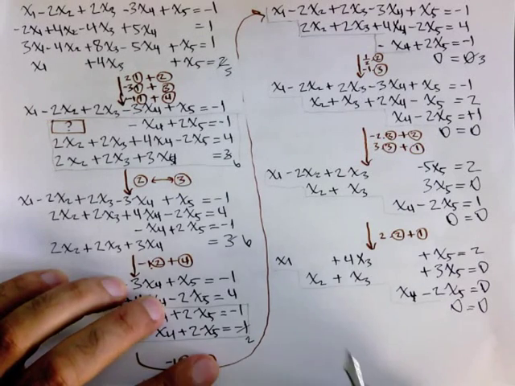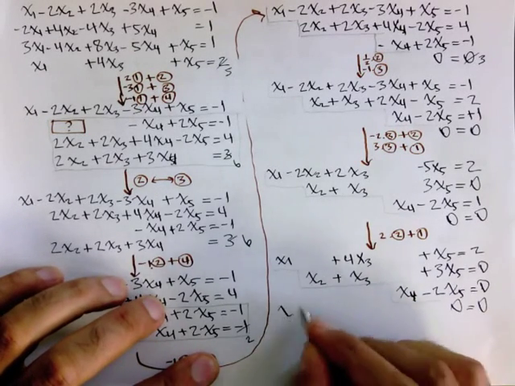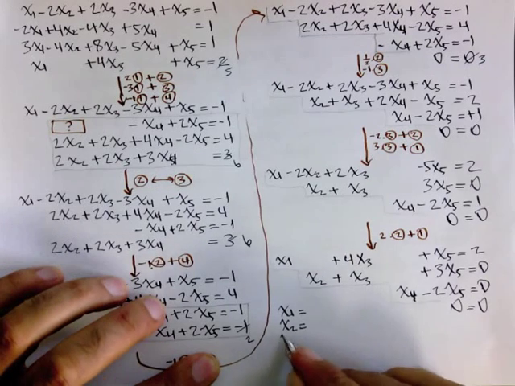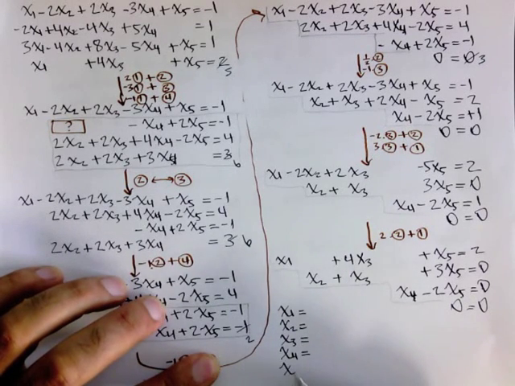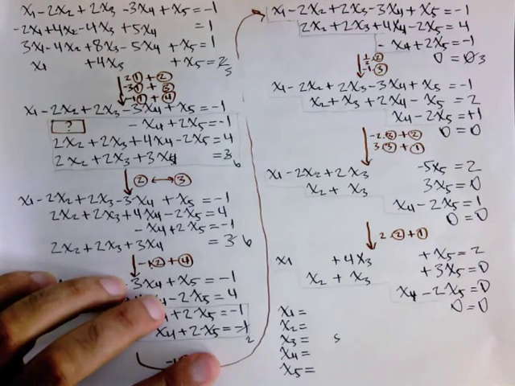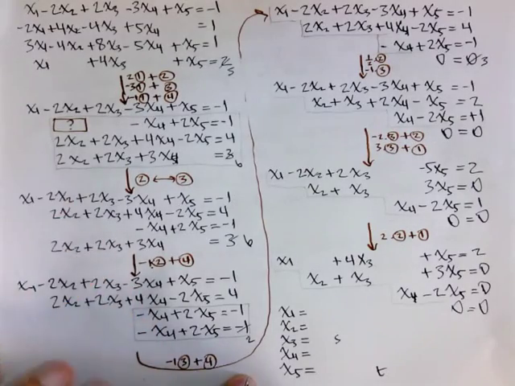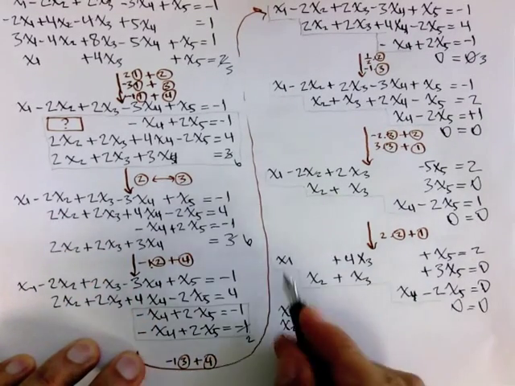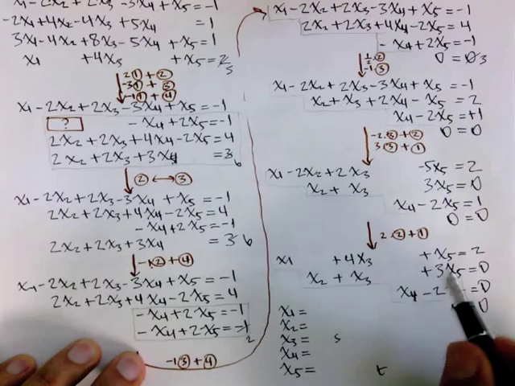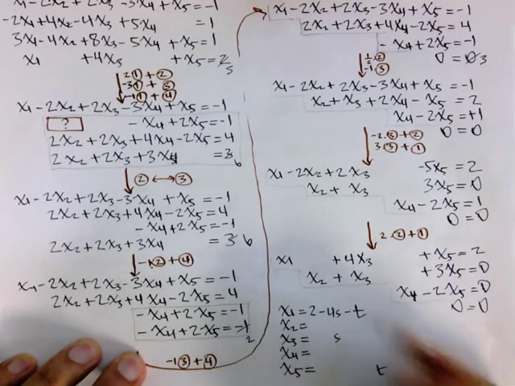We're ready to write the basic variables in terms of the free ones. We solve our system by specifying what each variable can equal. The free variables can equal whatever they want. That's why they're free. We indicate that freedom by saying x3 equals s and x5 equals t. Now we read off the solutions for x1 from the reduced echelon form system. x1 equals 2 minus 4s minus t.